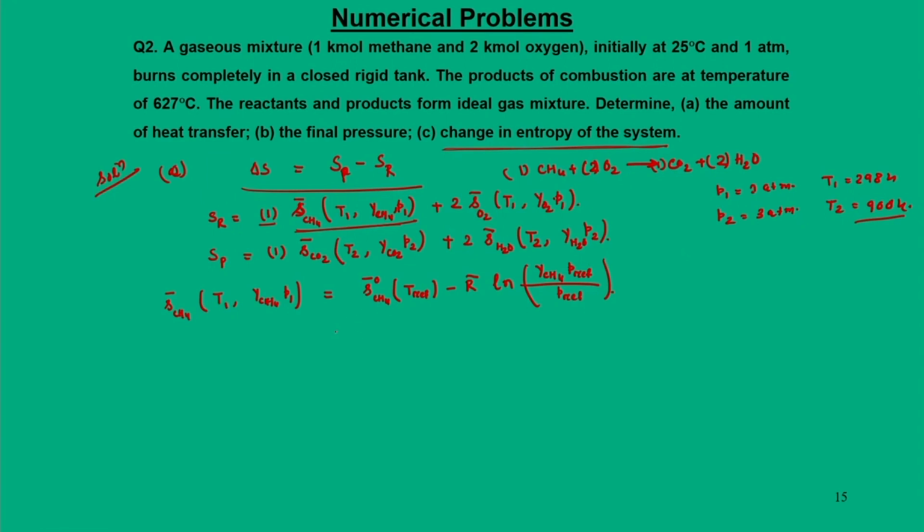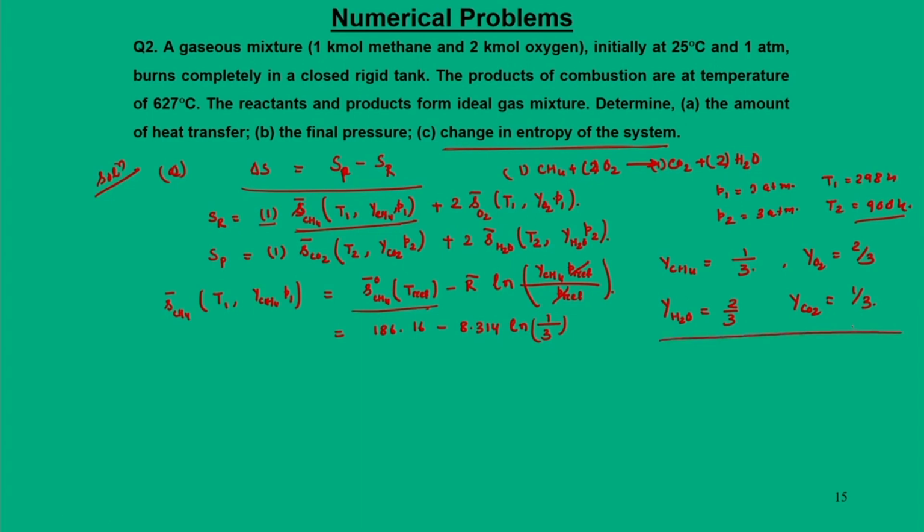So this number is 186.16 minus 8.314 ln 1 by 3, because P reference will get cancelled. YCH4 from this reaction is 1 by 3, YO2 will be 2 by 3, YH2O will be 2 by 3, YCO2 will be 1 by 3. So all these numbers you know. This number you now have to calculate from the data table.